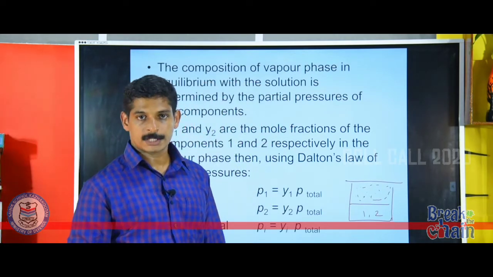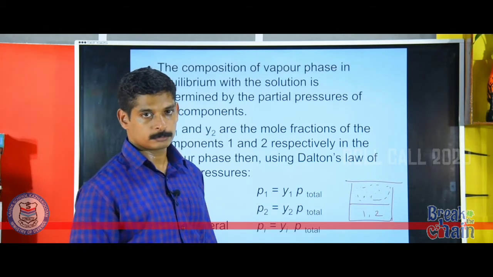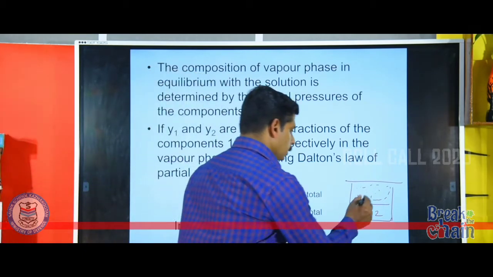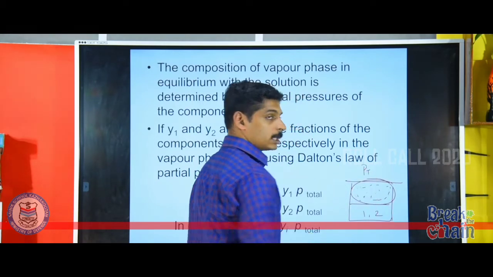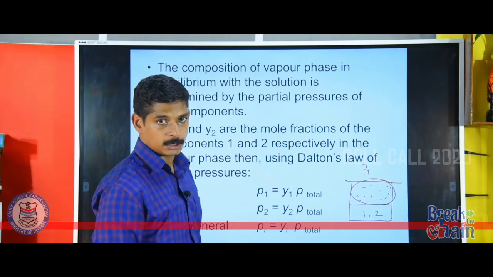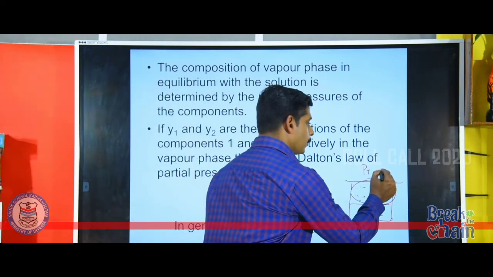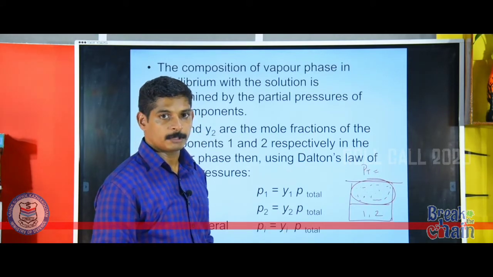Which are the two components present in the vapor phase? Component 1 and component 2. Clear? Now, you have the total vapor pressure PT. What is the total vapor pressure? As per Dalton's law, PT is equal to the sum of the partial pressures of each component.